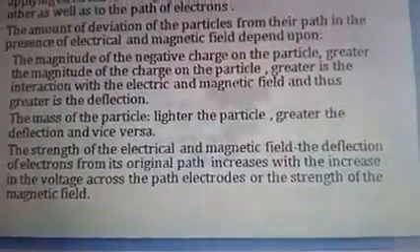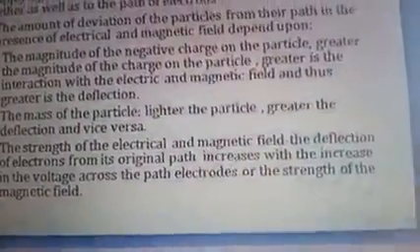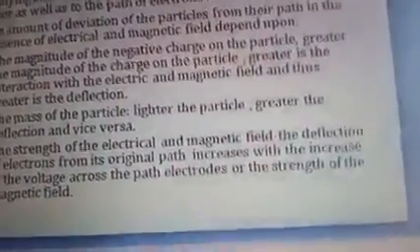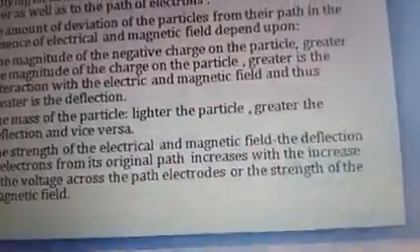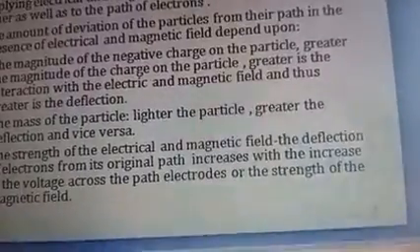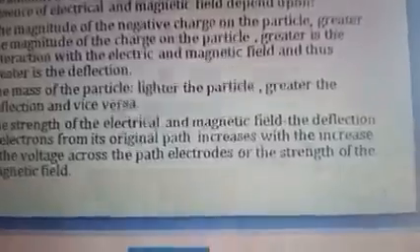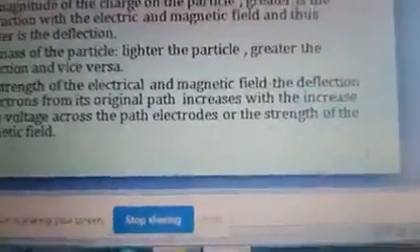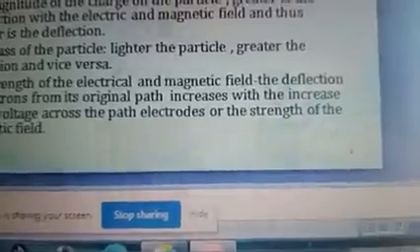Suppose the negative charge produced from this experiment has a large value, then the attraction between the negative charge and the electrical or magnetic field becomes more, and thus deflection becomes more. Number two, the mass of the particles: the lighter the particle, the greater is the deflection.